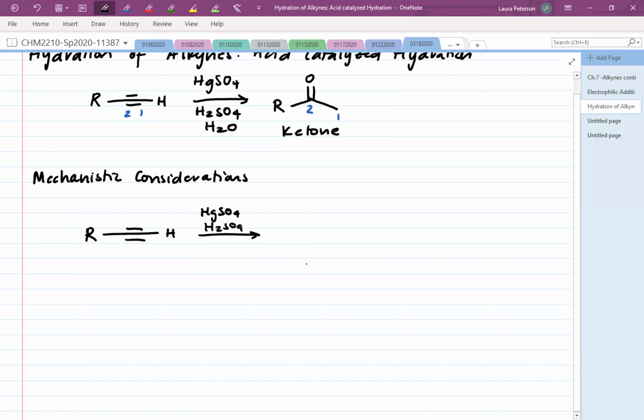We have mercuric sulfate, sulfuric acid, and H2O. Let's go along the premise of adding one equivalent of water across the carbon-carbon triple bond following Markovnikov's rule. So I've added OH to the more substituted side and H to the less substituted side. We can see our elements of water right here.